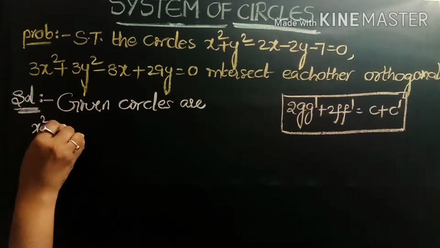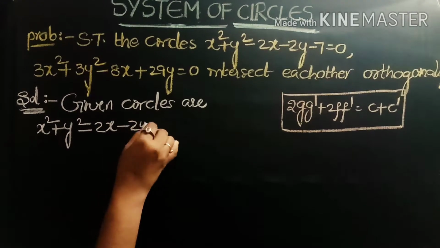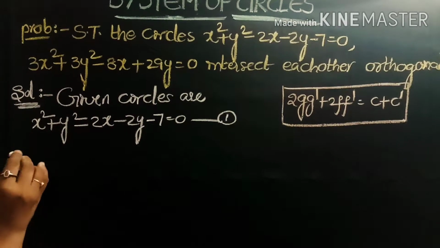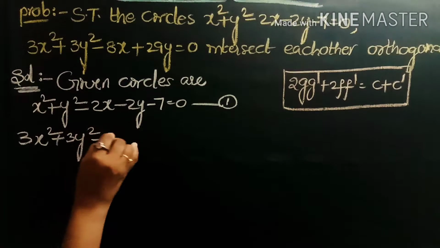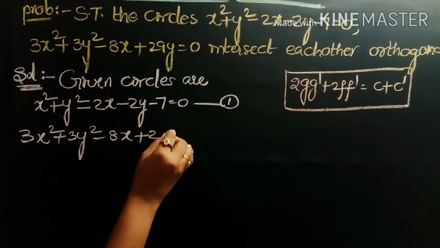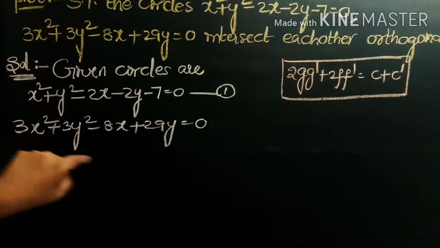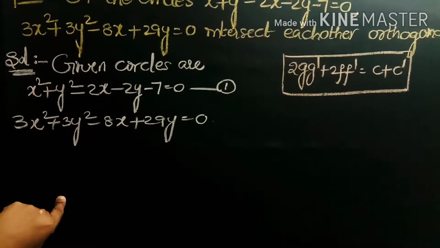first circle equation is x square plus y square minus 3x minus 2y minus 7 equal to 0, say equation 1. And the second circle equation is 3x square plus 3y square minus 8x plus 29y is equals to 0. This is not in the standard form, and to apply the condition we have to convert this equation into the standard form.